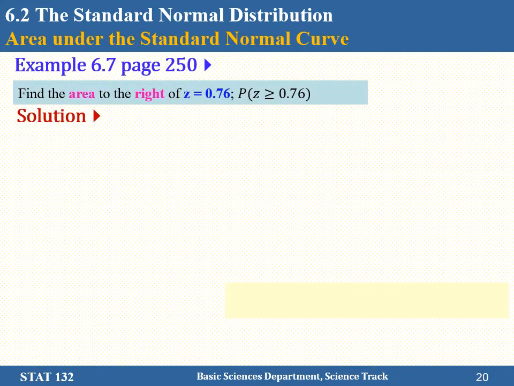Now let's look at another example. Find the area to the right of z equal to 0.76. This means we're asking the probability that big Z, not little z, is bigger than or equal to 0.76. The equal sign doesn't affect anything here.